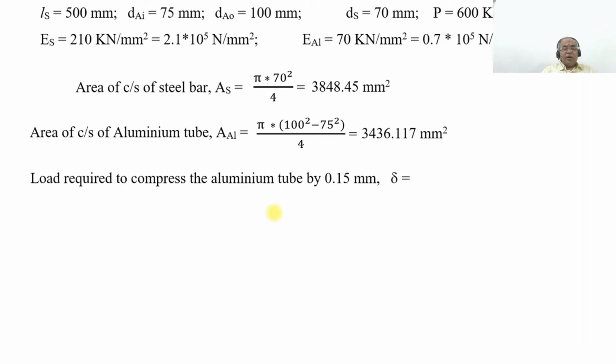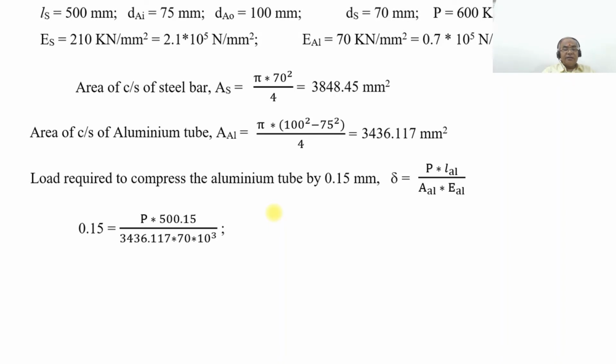So we calculate the load required to compress the tube by 0.15. Therefore, delta is equal to P into L by A into E, so P into LAL by AAL into EAL. Delta, which is 0.15, equals P into 500.15 divided by 3436.117 into Young's modulus of aluminium, 0.7 into 10 to the power of 5.